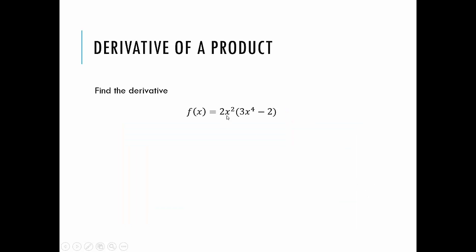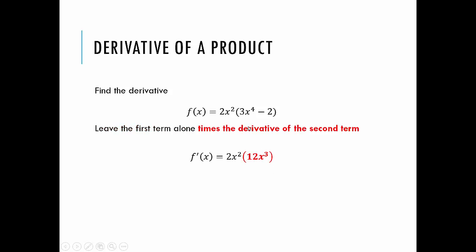So here I have two functions being multiplied, 2x squared times 3x to the fourth minus 2. I leave the first term alone. I take the derivative of the second term, so that's 4 times 3, 12x to the third. The derivative of the constant, negative 2, just becomes 0.